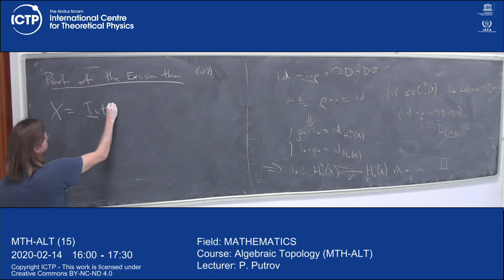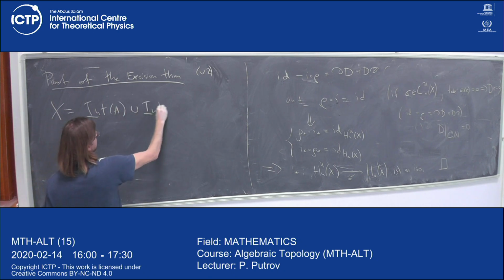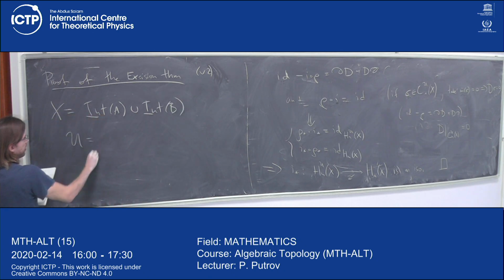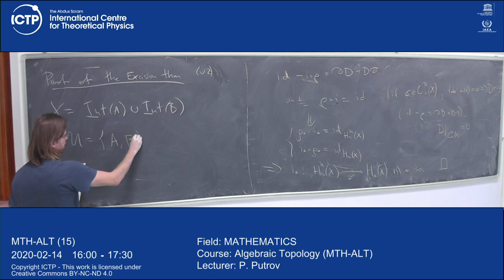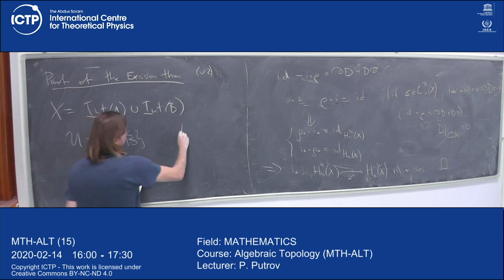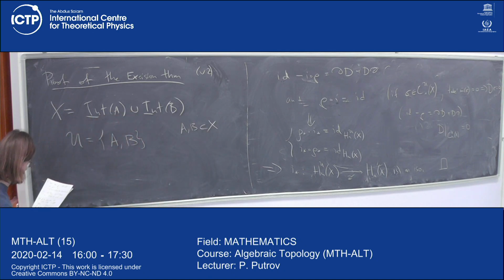Let X be a union of the interior of subspace A and subspace B. And so I can use then this A and B to realize my cover. Okay, so A and B, subspaces of X.